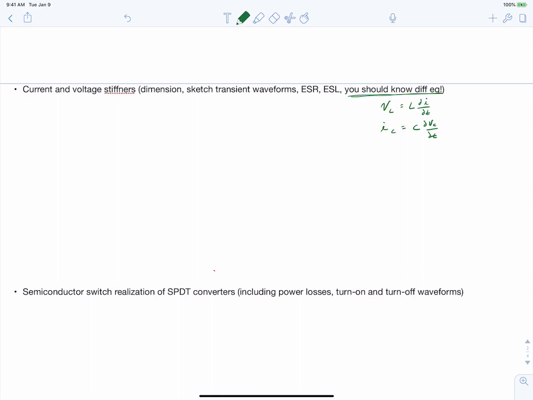And this is true for both the single pole double throw converter as well as for the single phase full bridge rectifier. So we should be able to go from these equations to select values of L and C based on delta V and delta I.